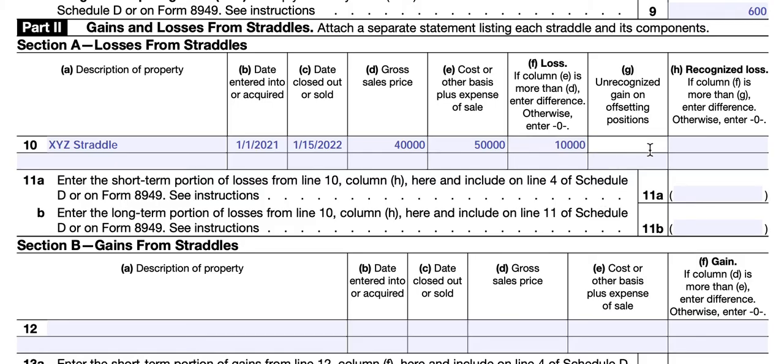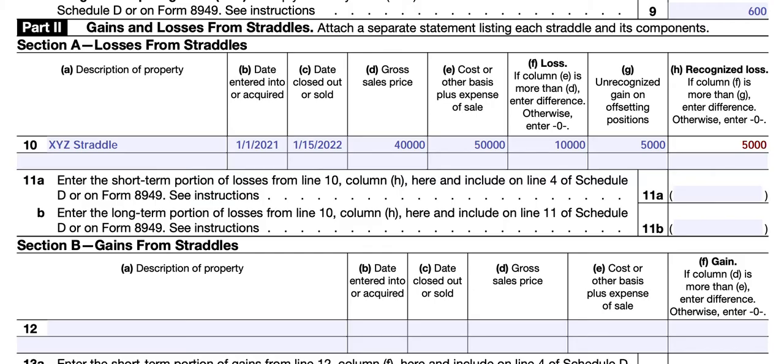So if we had offsetting positions as part of the straddle, we would enter any unrecognized gains. So let's imagine that we have an open position with $5,000 of gain. So the total recognized loss would actually be $5,000, not the $10,000 loss that we had reported as the closed transaction.